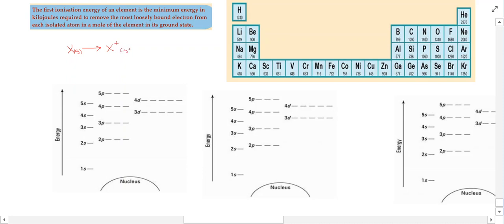It's still in gas form, and then you have this free electron. If you take the electron off, you're going to have a free electron. It'll look something like this. And generally the unit is the kilojoule per mole.